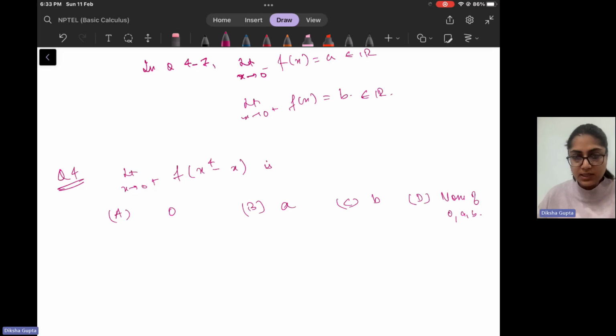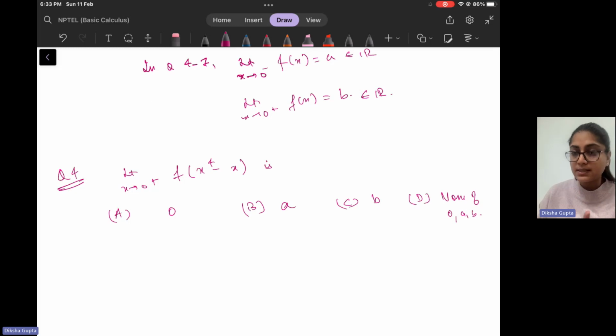Now, how to solve such questions? So you know the limit of f(x) at 0, right? You have to evaluate the limit of f. The argument has changed from x to x⁴ minus x. Now, I would like to just mention here, you have not studied continuity of a function, but had the function been continuous, you could have simply taken the limit inside of the function.